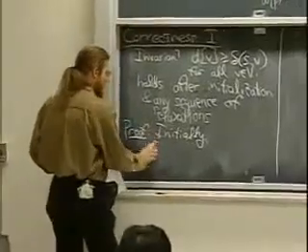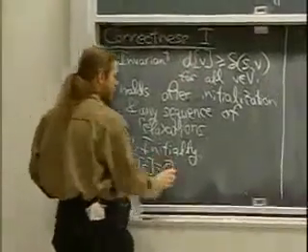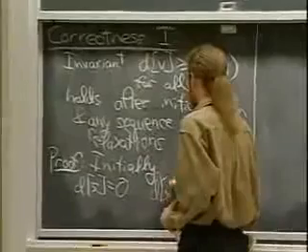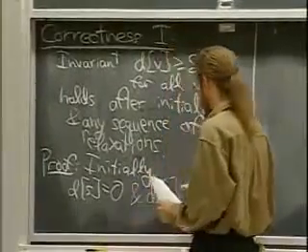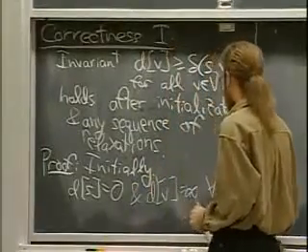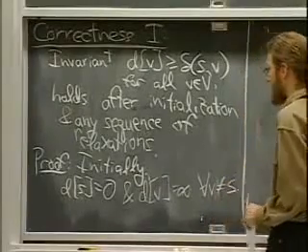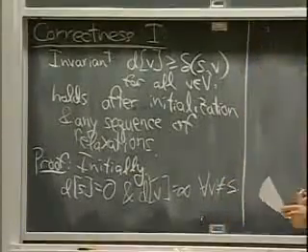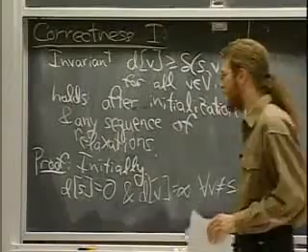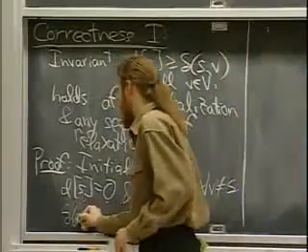So initially we have d of s equal to 0, and we have d of v equal to infinity for all vertices v not equal to s. Okay? Now we have to check that this inequality holds. Well, we have delta of s comma s.